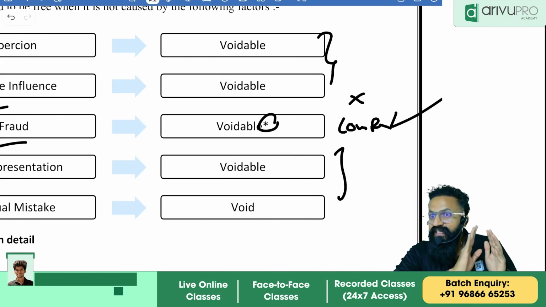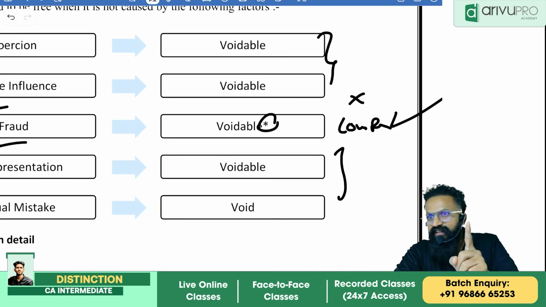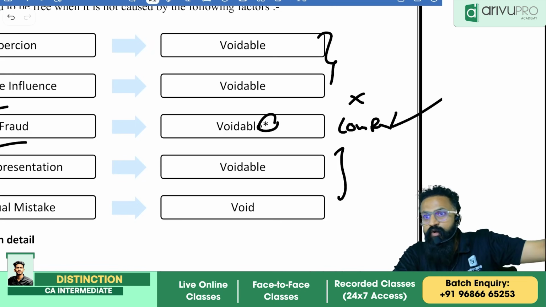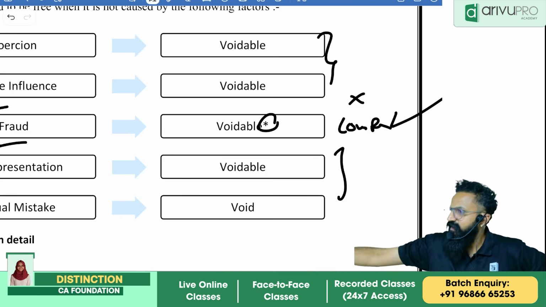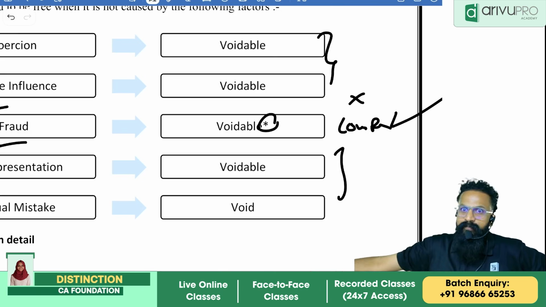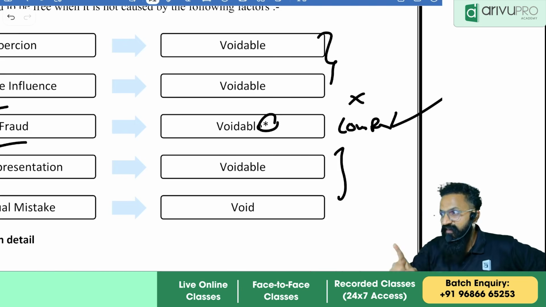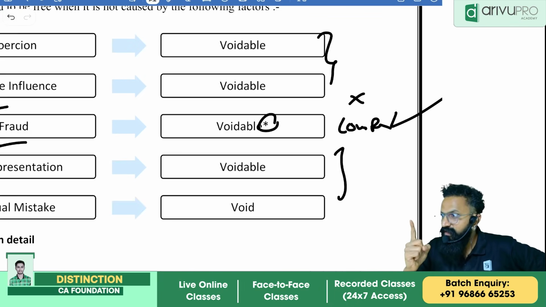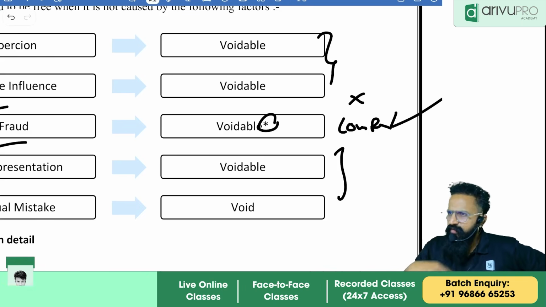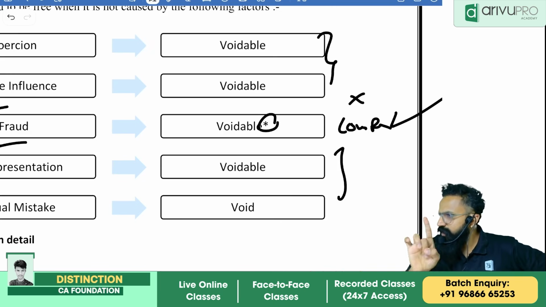Remember, you have a right to cancel the contract, but if the other party offers to fix the repairs or the damaged product and you accept it, and later some damage happens to the product again, you cannot cancel it. There will be a question on that part. Remember, you will have a right to return it only once. If you accept it once, you will lose the right to do anything. Understood? Yes, sir. Okay.